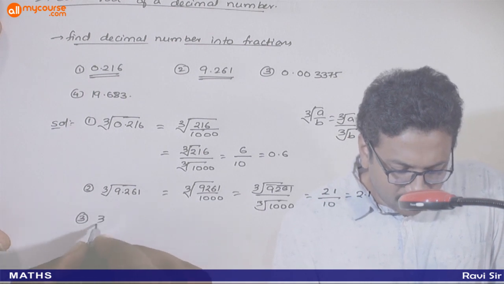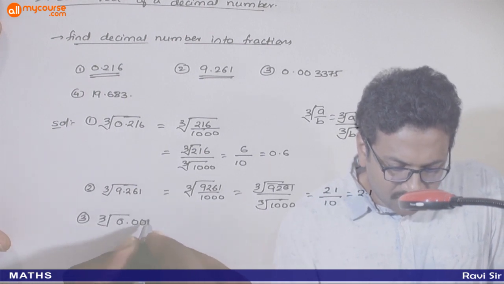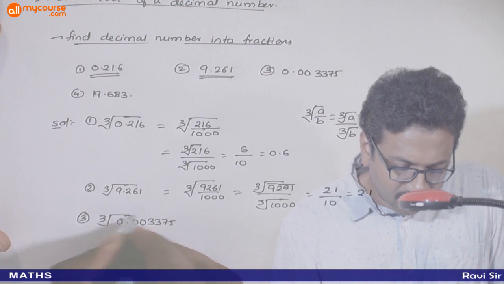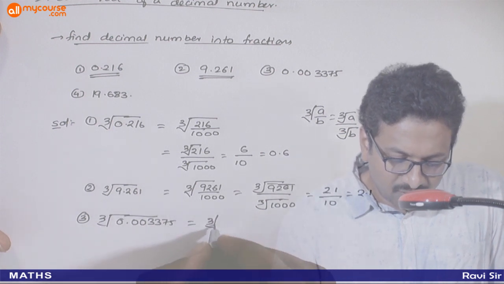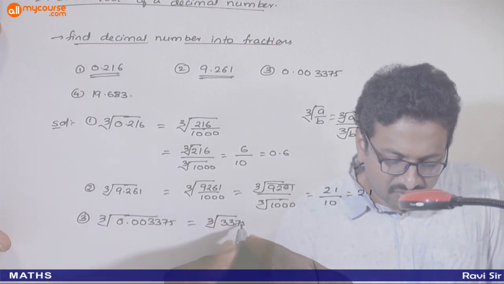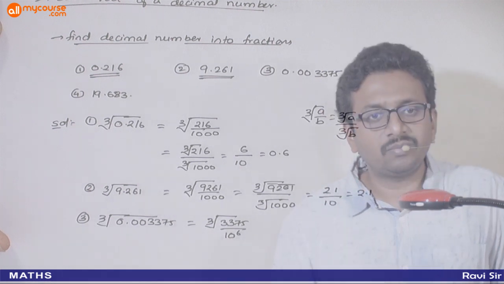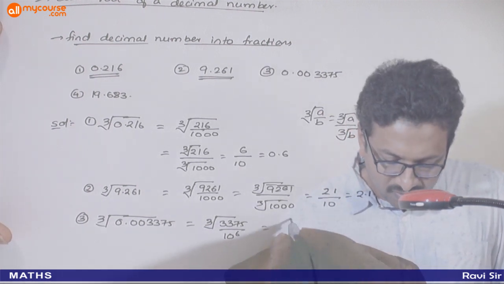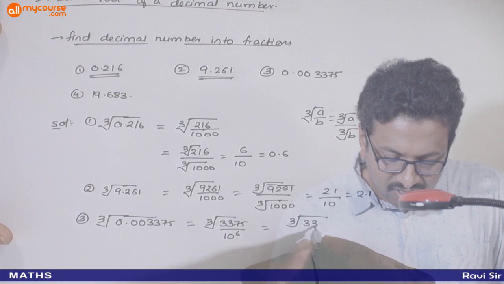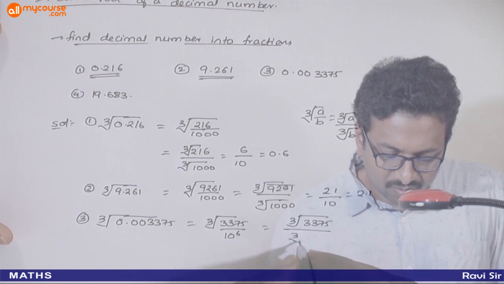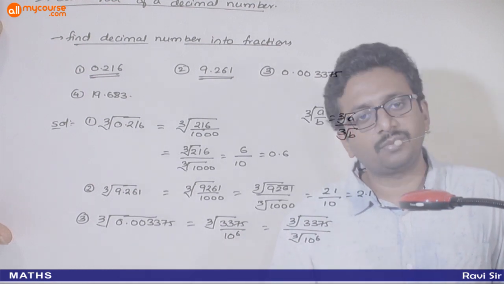Third, cube root of 0.003375 is nothing but cube root of 3375 divided by 10 power 6, right? That is equal to cube root of 3375 divided by cube root of 10 power 6.